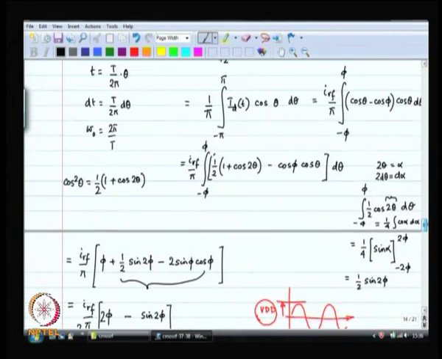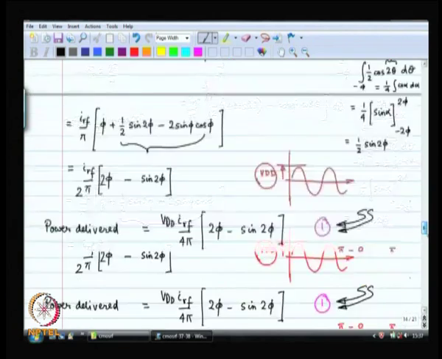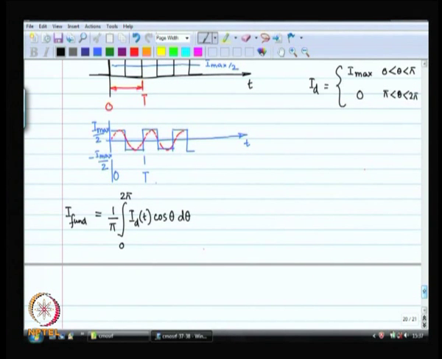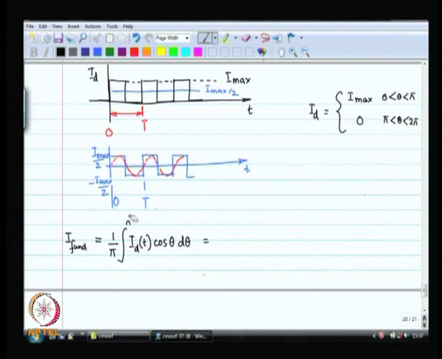What was our... okay. So, this is the fundamental component, and actually I am going to shift this a little bit.